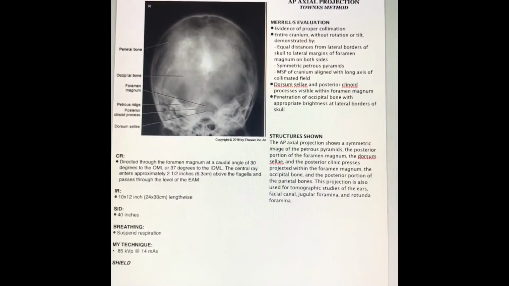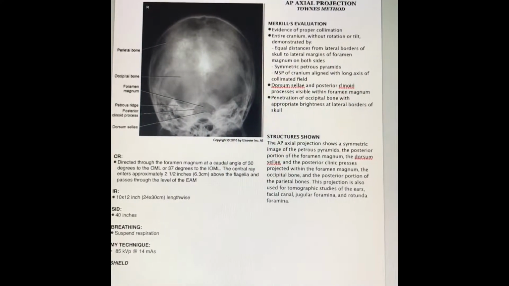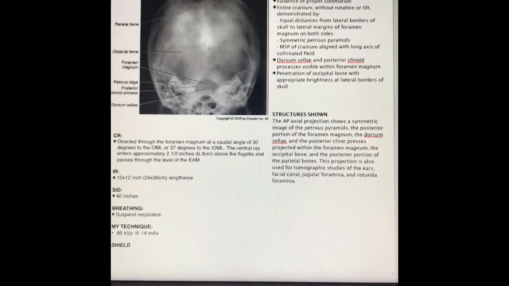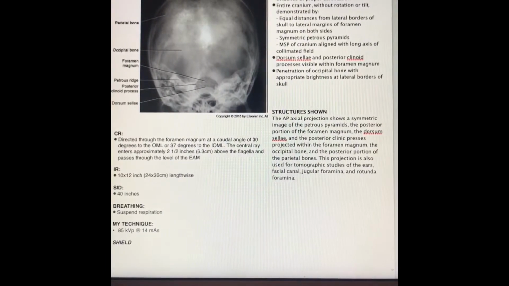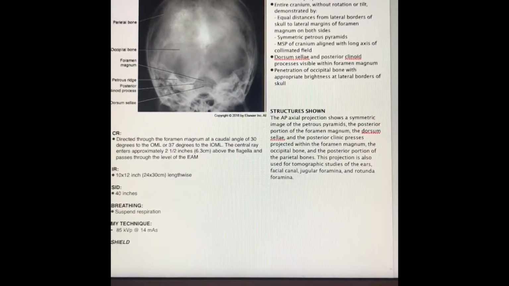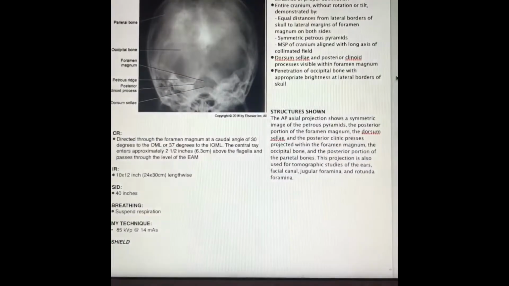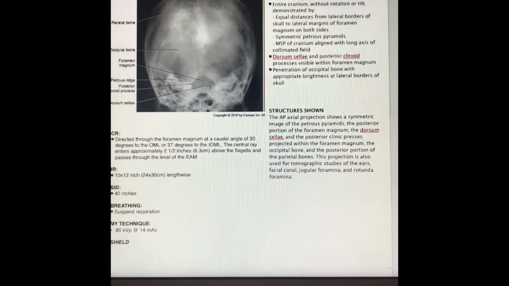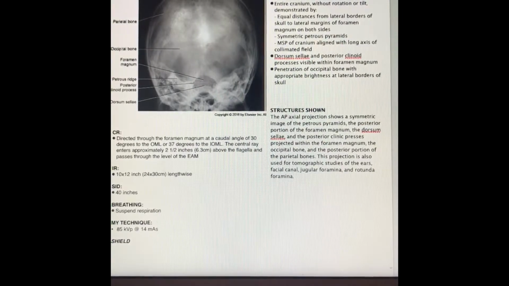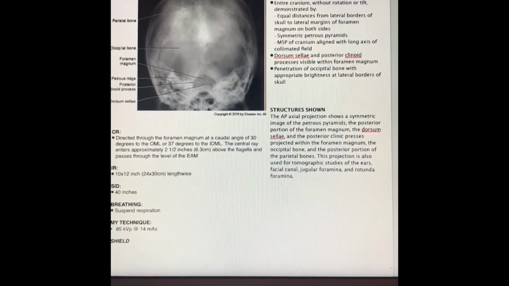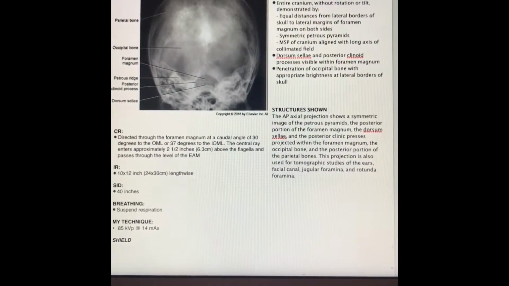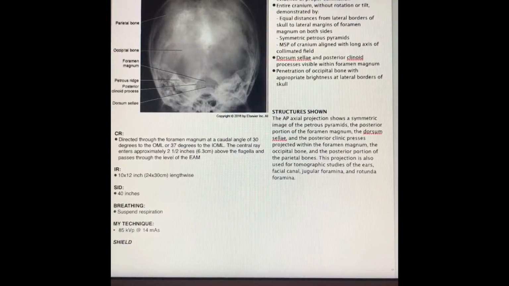Central ray for this projection is directed through the foramen magnum at a caudad angle of 30 degrees to the OML or 37 degrees to the IOML. The central ray enters approximately 2.5 inches above the glabella and passes through the level of the EAM.